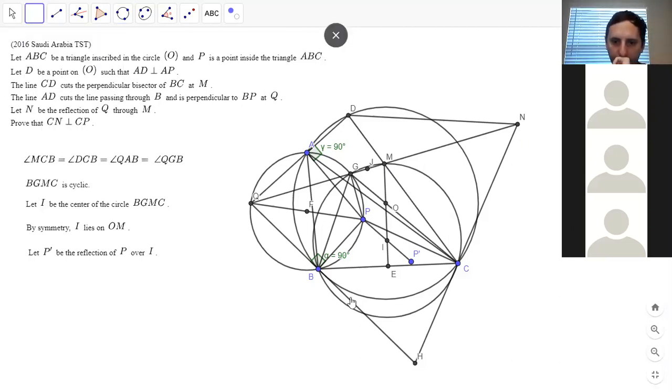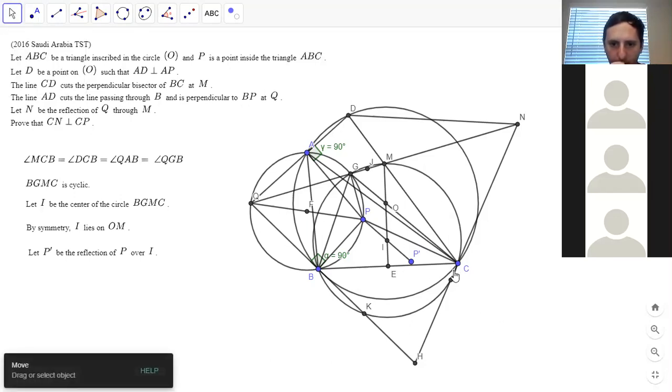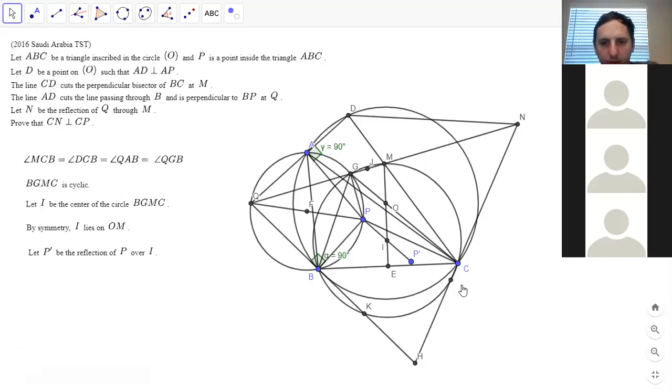Is there anything special about these points? So maybe we could prove that PK is perpendicular to BH, or PL is perpendicular to HN.